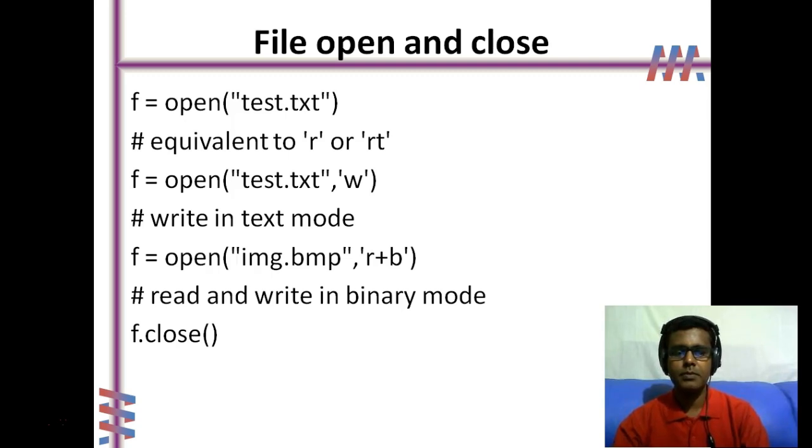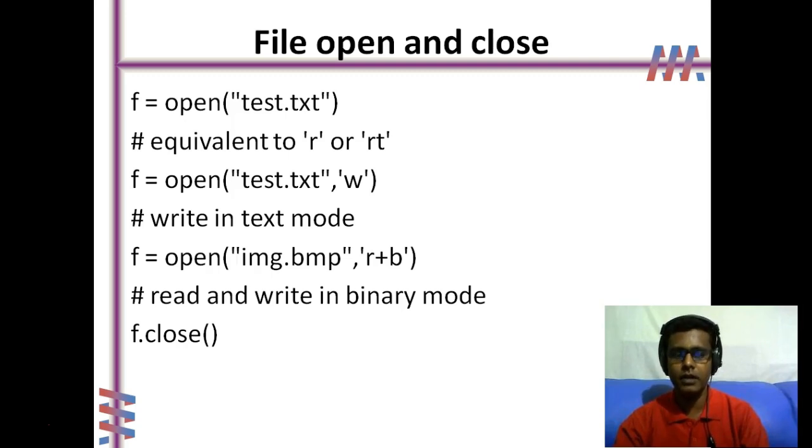The second statement, f = open test.txt comma w, indicates that the file is going to be opened in write mode. The next one, open image.bmp comma r+b. Here I am going to open the image file image.bmp in read mode, and the plus indicates write mode also.